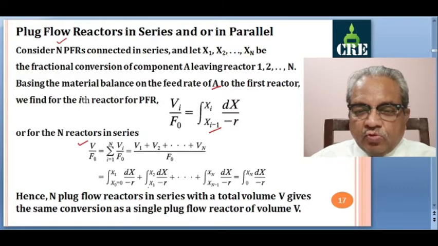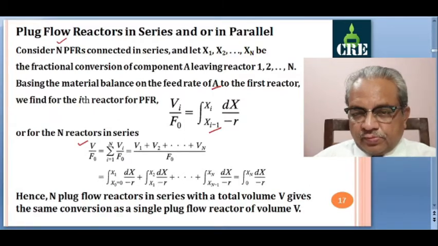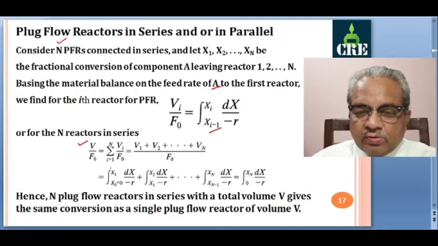That means n plug flow reactors in series with a total volume V give the same conversion as a single plug flow reactor of volume V. Because of these conversions, you can see reactor 1, from where it is coming, from the 0th reactor. Reactor 2, x1 to x2, x2 to x3 and so on.